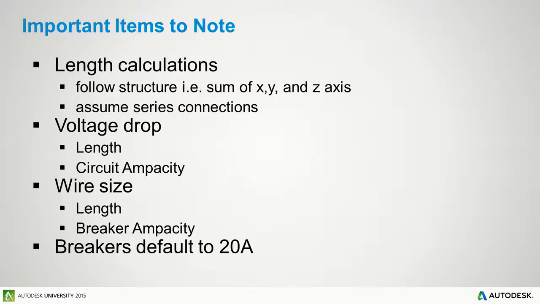Wire size goes back to our lovely friend length, which we know there's problems with, so our wire size might be increased unnecessarily. But wire size defaults to the breaker size. So we can have confidence that the wire size at a minimum will match what the breaker size says it should be, as long as someone has not changed your settings.